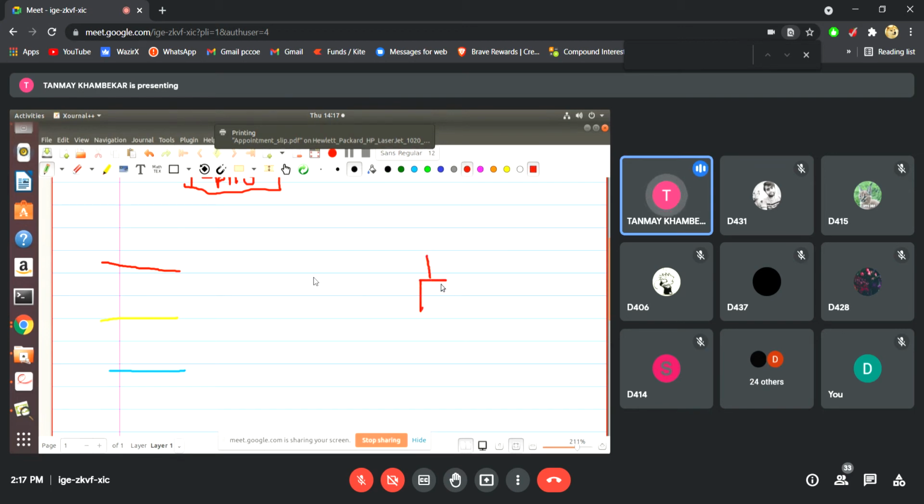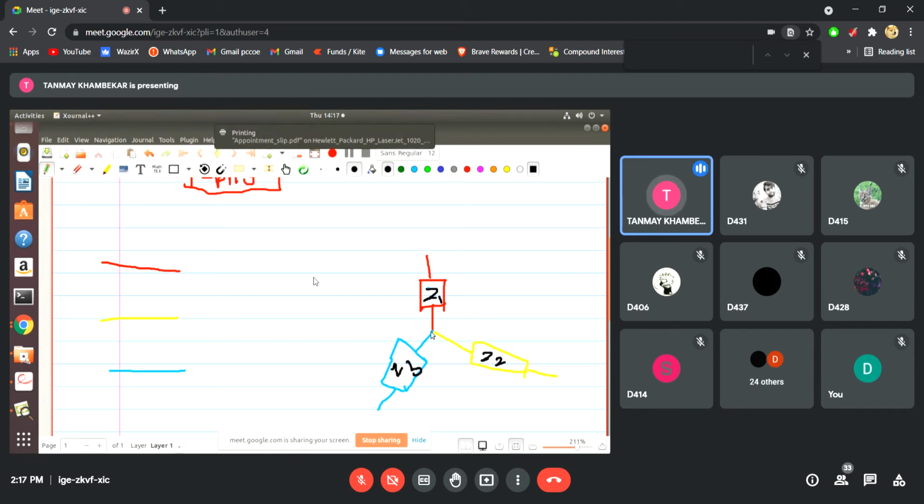Even here I will show with the colors only. This is the R phase, then Y phase, and B phase. So the three-phase load is connected in star, and the three-phase supply we will give to that load. This is the impedance Z in the first phase, Z in the second phase, and Z in the third phase.